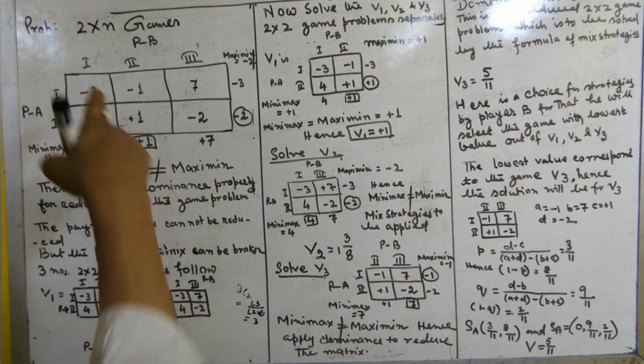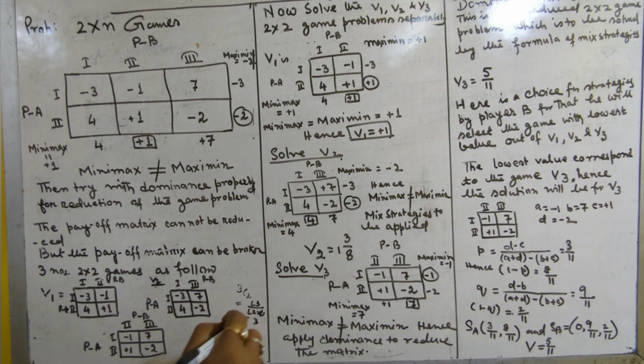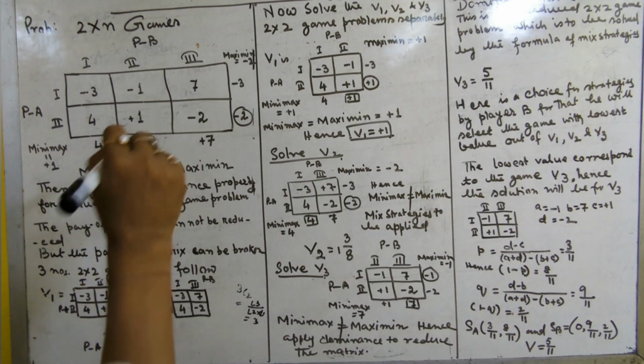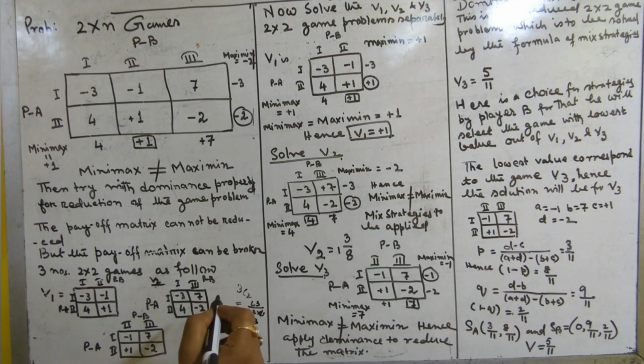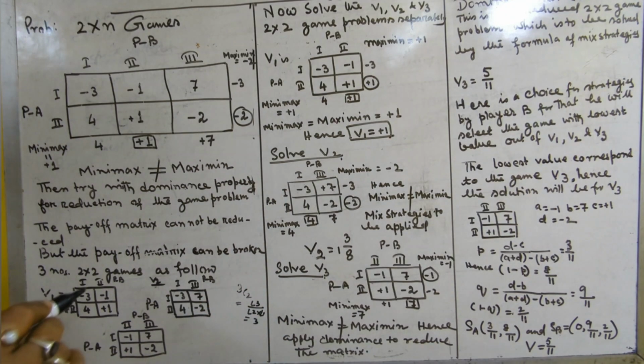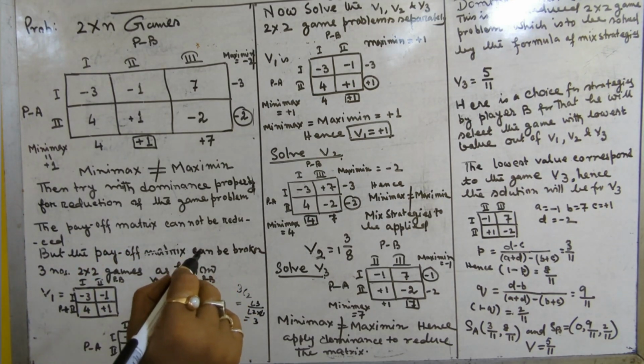For 3 columns and 2 rows, you can have 3 2 by 2 problems. And if it is 4 columns, 2 by 4, then 4C2. In that way, you can find out how many 2 by 2 problems you can form.